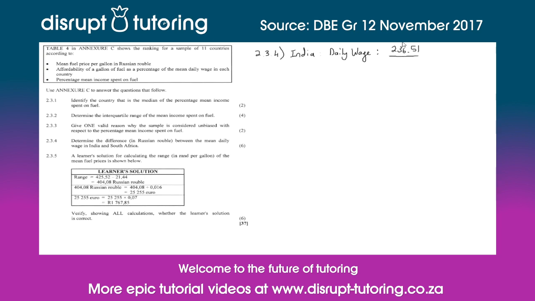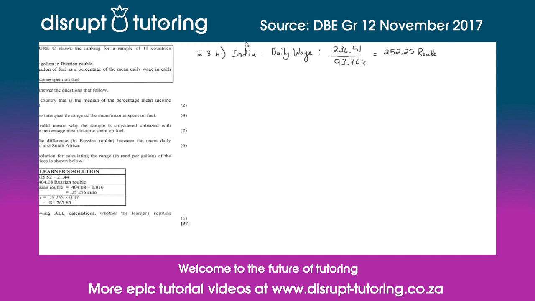So we divide by the percentage, 93.76%, and in your calculator we get that this equals 252.25 ruble. So currency in Russia.